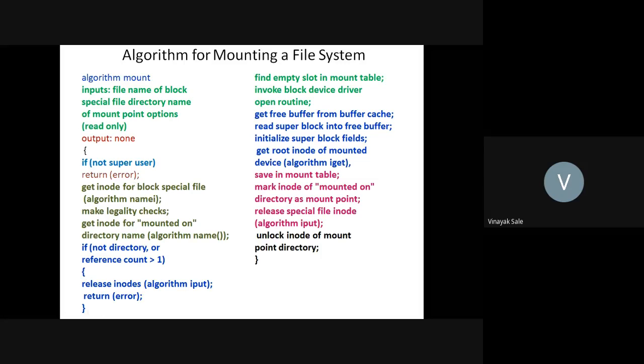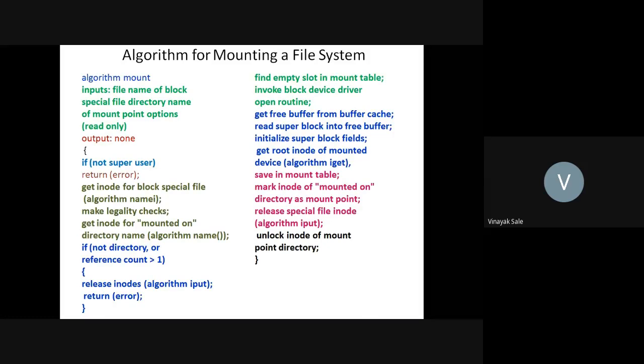Get inode for block special file with the help of algorithm namei. Make legality checks. Get inode for mounted on directory name with algorithm namei. If not a directory or the reference count is greater than 1, then release inodes with the help of iput algorithm and return error.